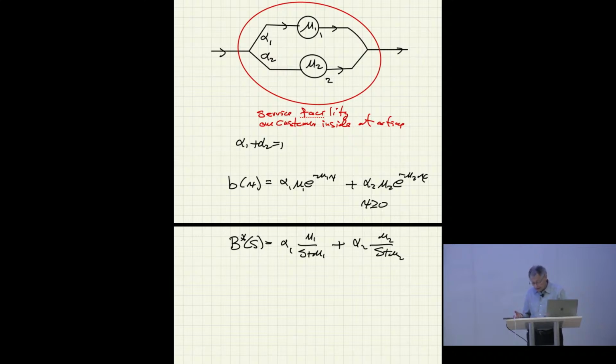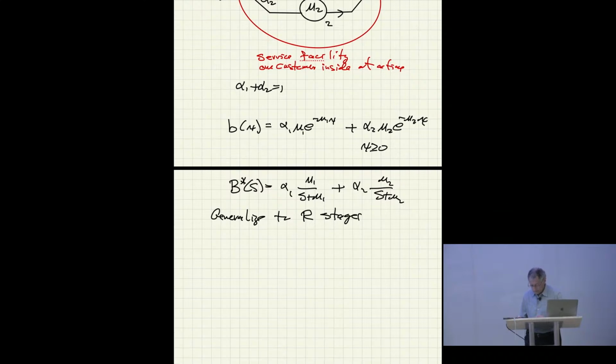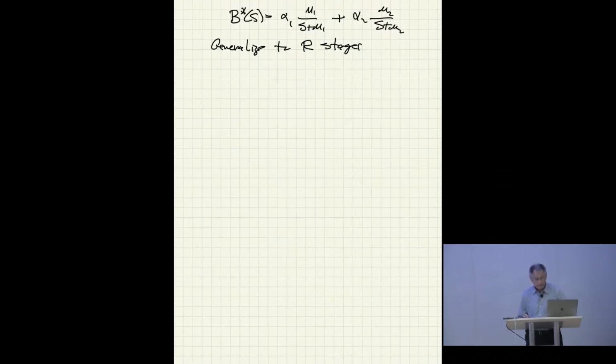I'm going to generalize it now to n stages in parallel. Okay? So let's say capital R stages. And if I do that, given that the summation of the alpha i's from 1 to R equals 1, I can immediately write down what B star of S is for this R stage parallel server.